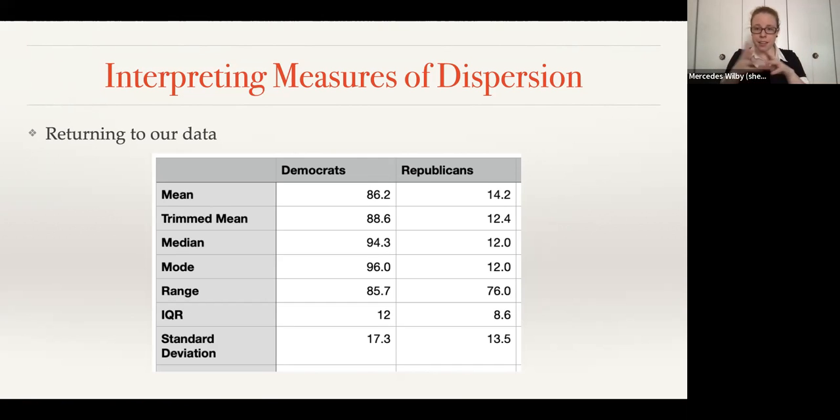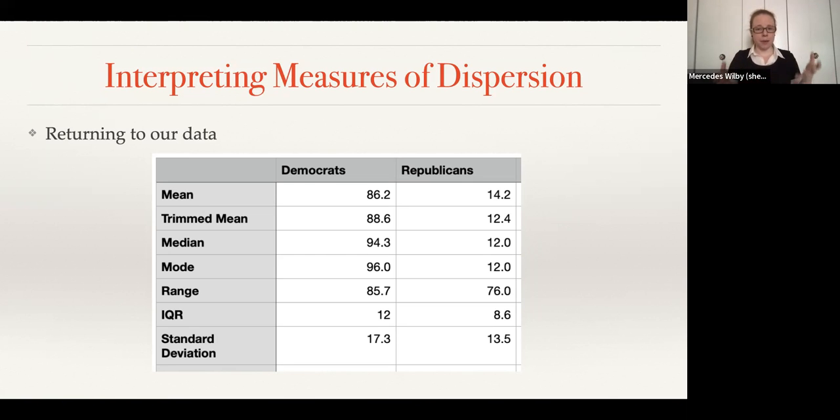So we can see that picking the right measurement is important depending on what we're measuring and if we know our data set is going to have outliers or not. And then we can interpret the information accordingly and use it to start answering our research questions.